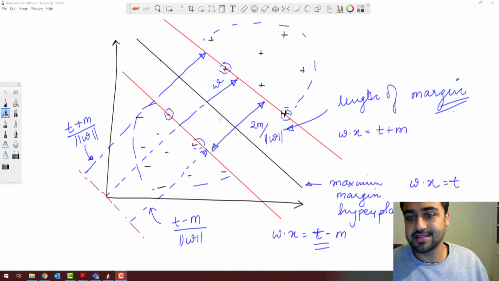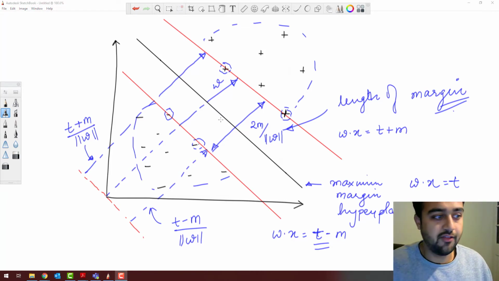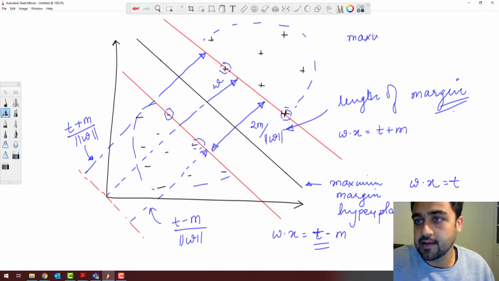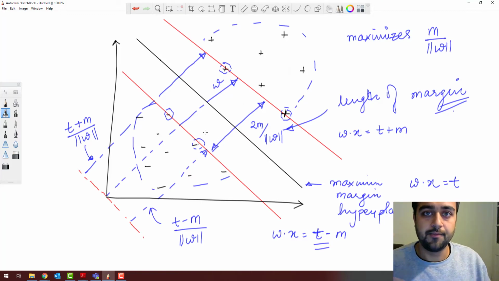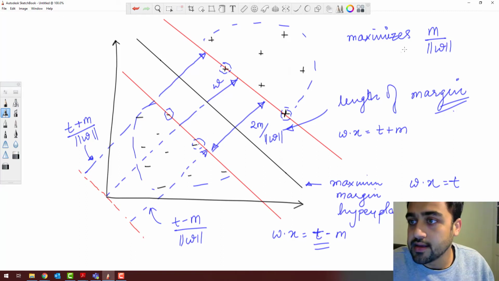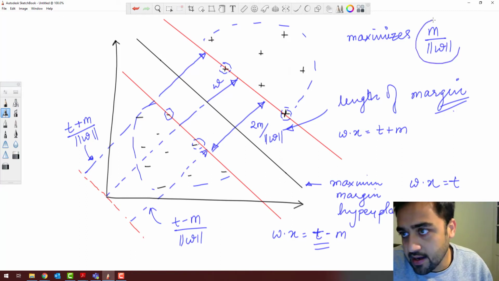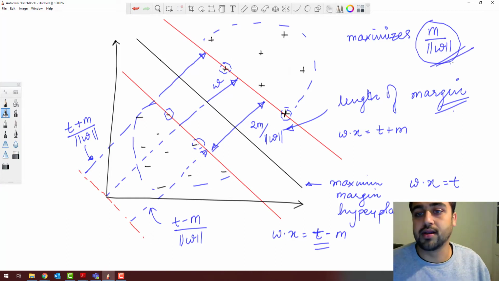So basically the support vector machine finds the decision boundary that maximizes m by mod w, because we want to increase this distance. The more separated our data points are, the bigger the margin is, so the better the generalization is. So we just want to maximize our m by mod w.